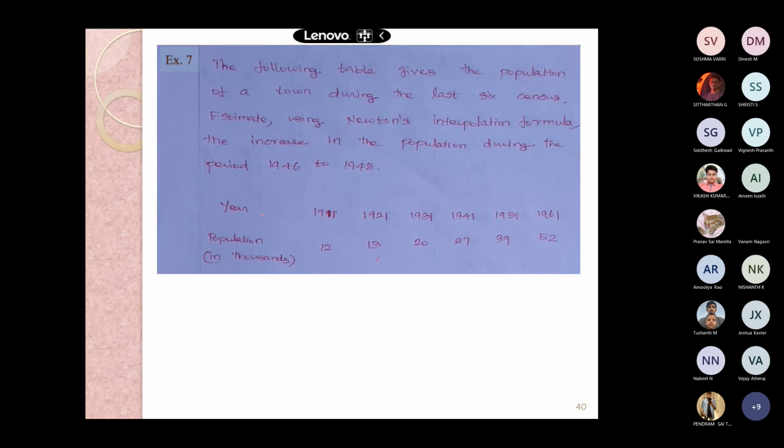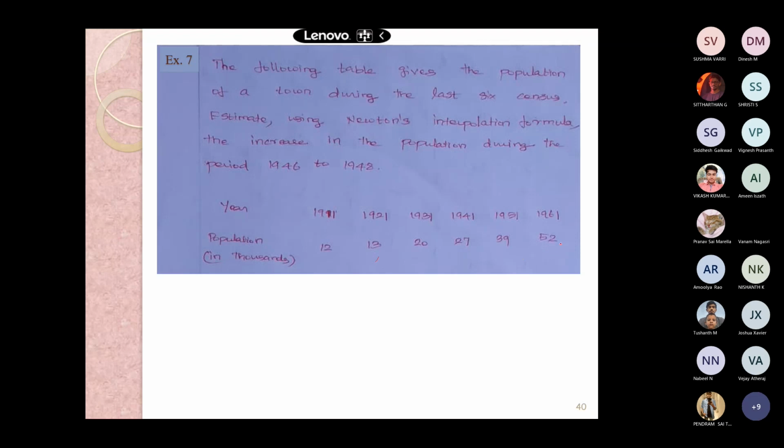For 1911, 12,000 people stayed in one particular city, and in 1921 it is 13, 1931 it is 20, 1941 it is 27, 1951 it is 39, 1961 it is 52.